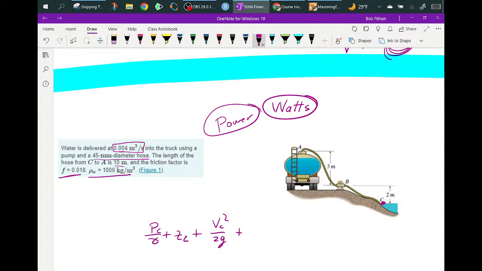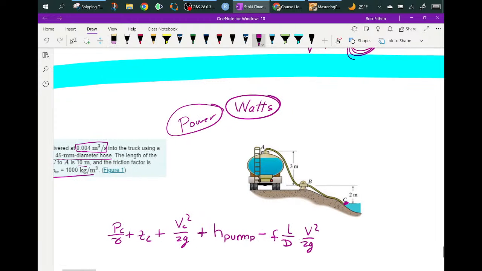He is going to add, okay, how does he phrase this? I'll call it head by the pump, minus the loss in the pipe, f L over D times V squared over 2g, V being the V in the pipes.